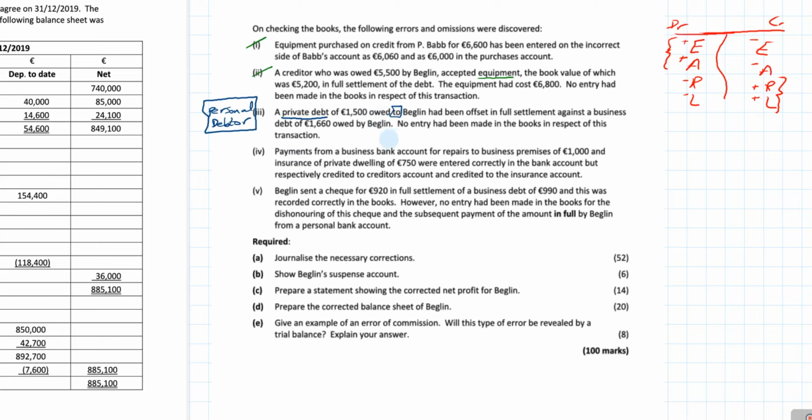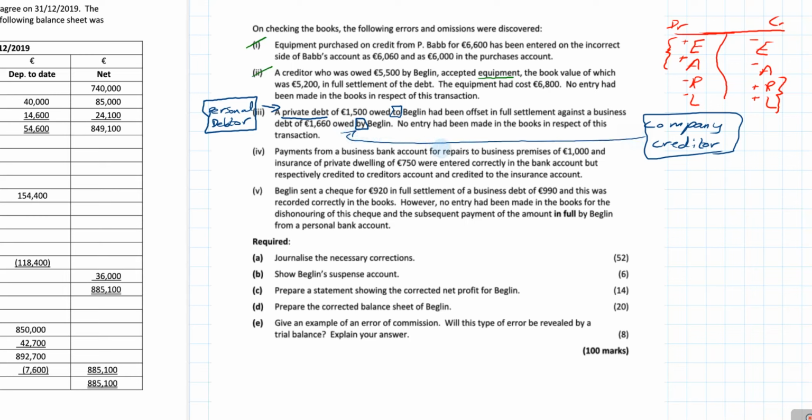So in this case, I will find out. So it's a personal debtor. Had been offset in full settlement against the business debt of 1,600 owed by Beglin. So personal debtor here, and we've a company creditor here.